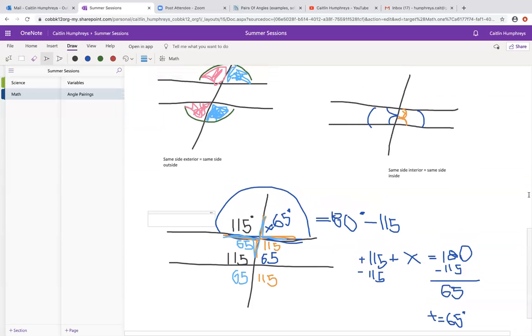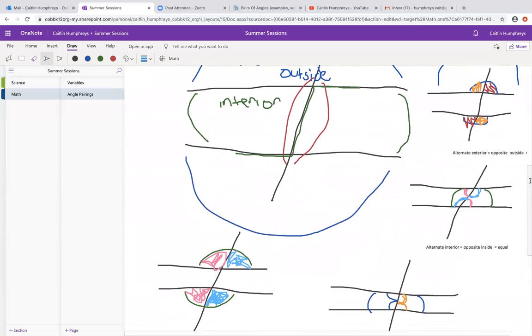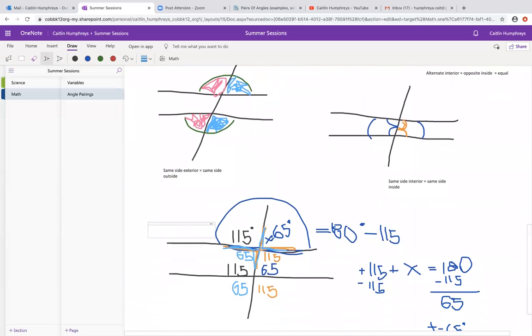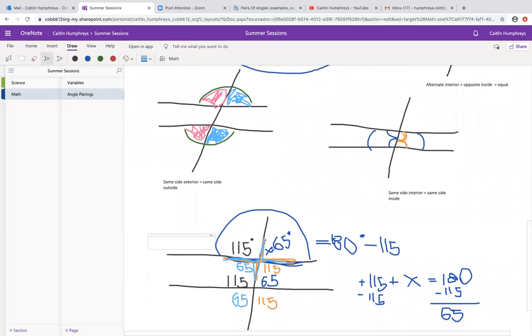You can get through here with vertical and corresponding, but it's also important to notice that those alternate exteriors, 115 and 115, 65 and 65, are the same. Those alternate interiors, 65 and 65, 115 and 115. These same side exteriors, 115 and 65, remember those equal a straight line.